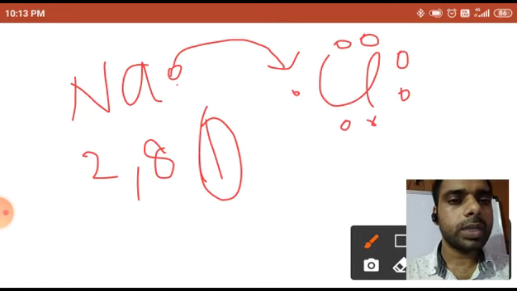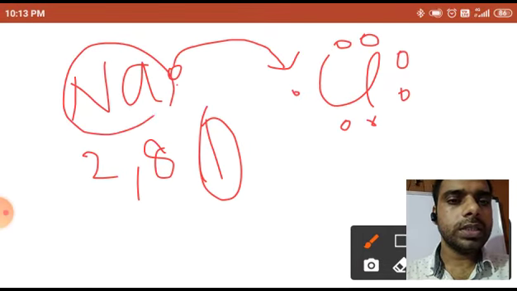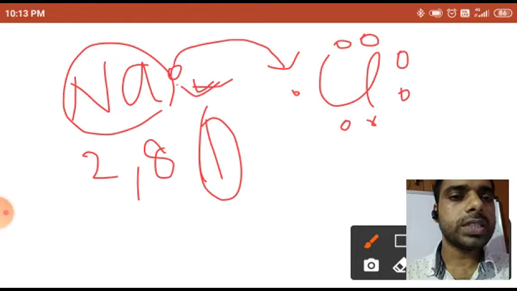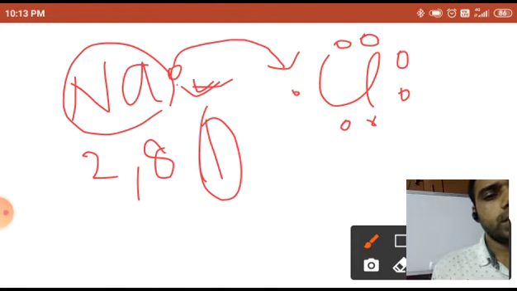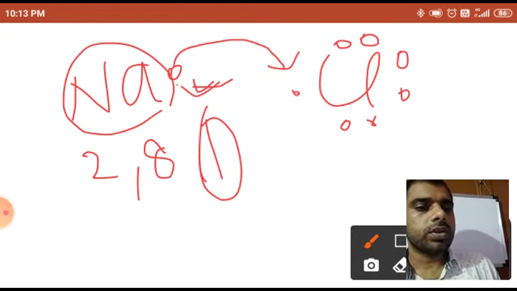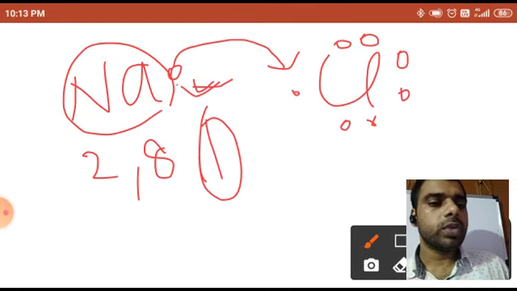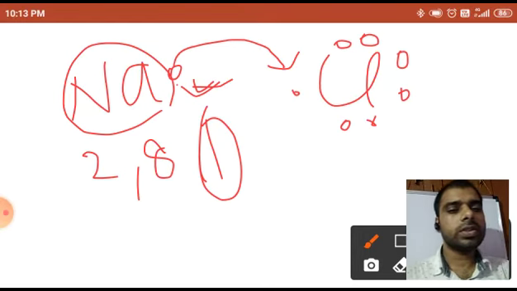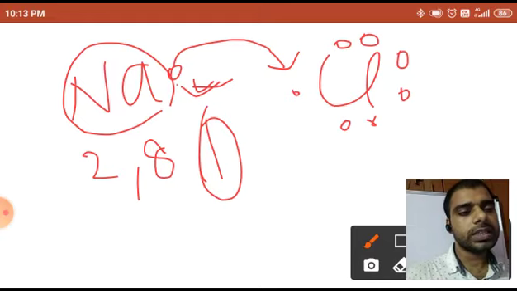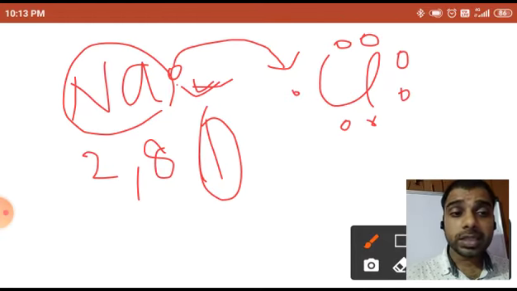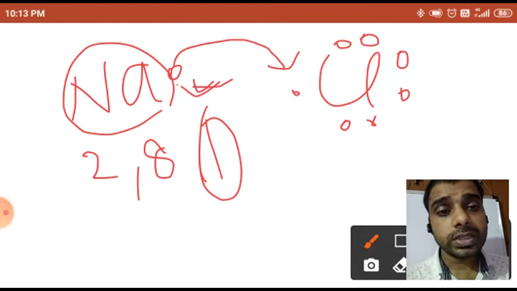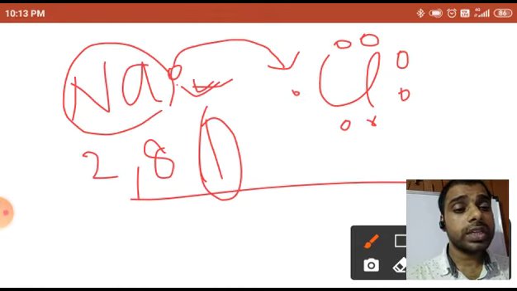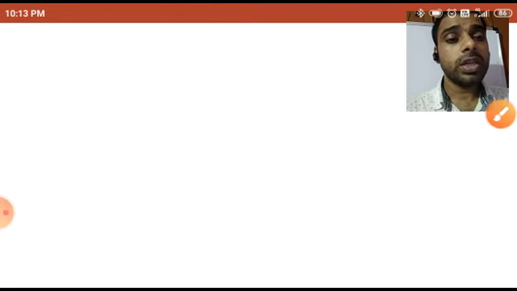This one is easily losing its electron. And if someone is easily losing an electron, then it acts as a reducing agent, and reducing agent is just the opposite of oxidation. Meaning if one is a reducing agent, that means it should undergo oxidation.